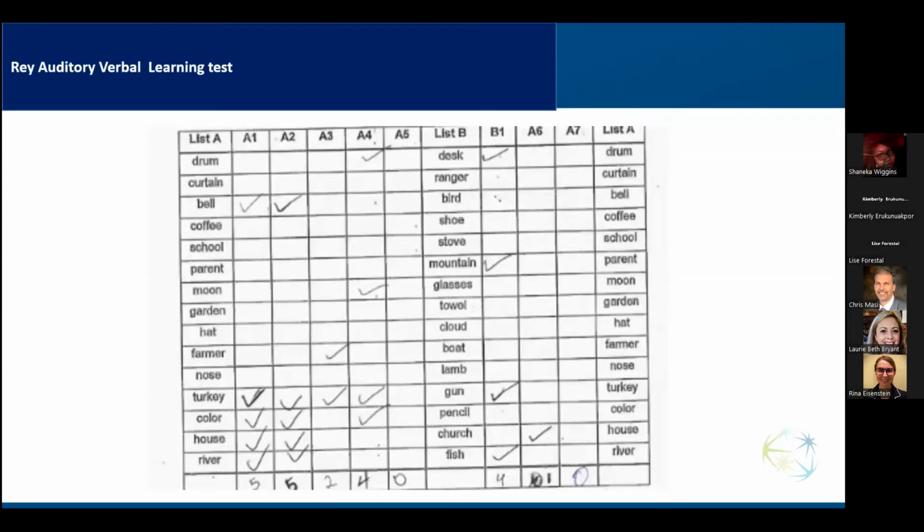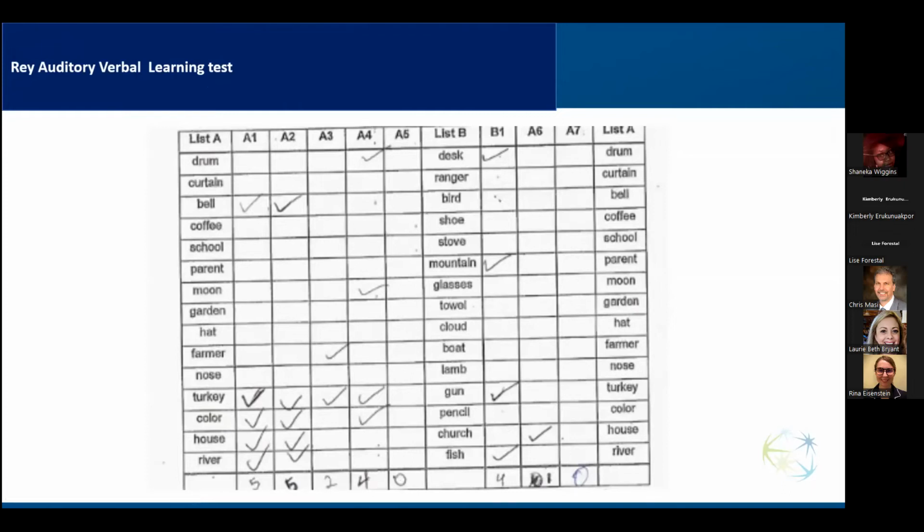So we do the Rey Auditory Verbal Learning Test. Remember, this is a test where we read 15 words 5 times. This is really memory out of context, just pure memory: remember a list of words. There's nothing harder than that. So in this case, the first trials: 5, 5, 2, 4, and 0. So there's not really a learning curve.